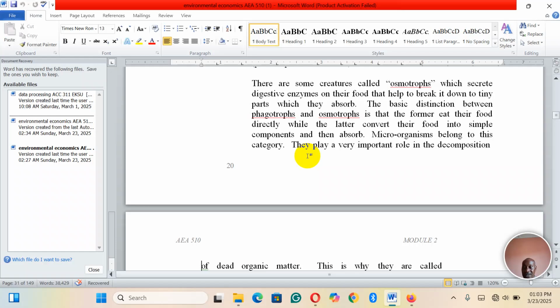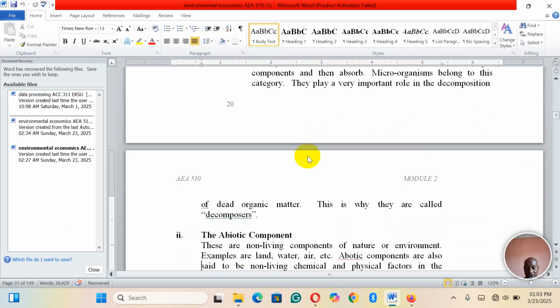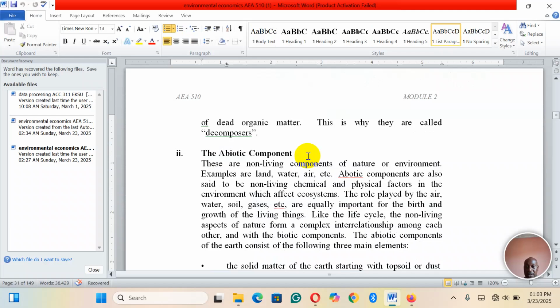The basic distinction between phagotrophs and osmotrophs is that the former eat their food directly while the latter convert their food into simple components and then absorb it. Microorganisms belonging to this category play a very important role in the decomposition of dead organic matter. This is why they are called decomposers.